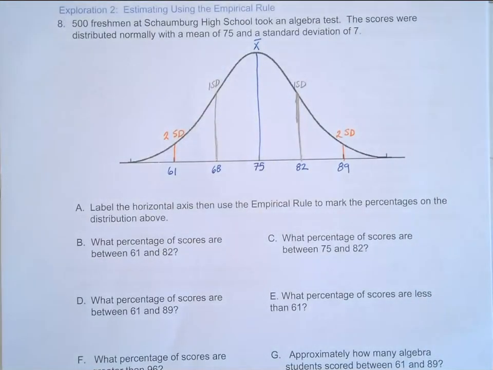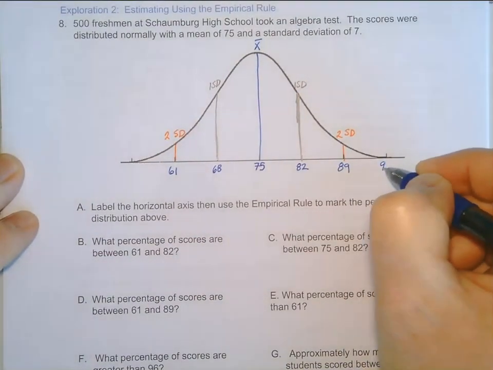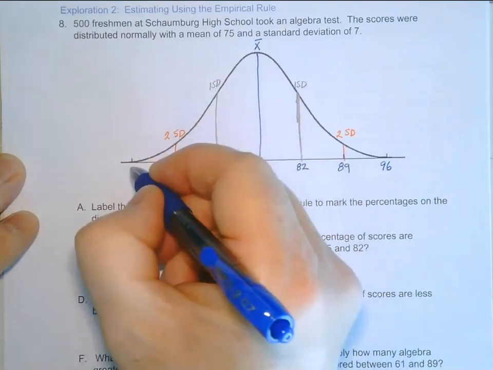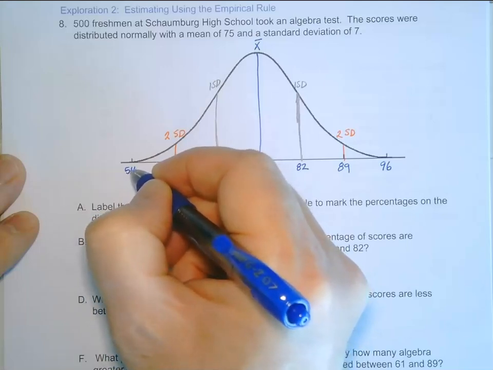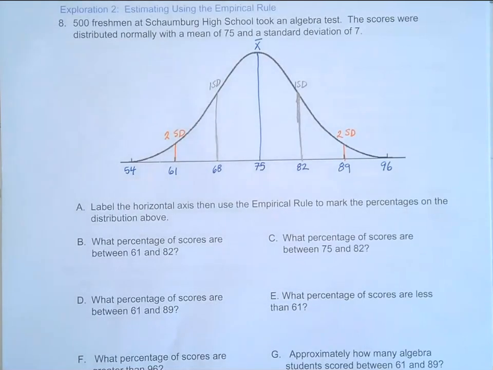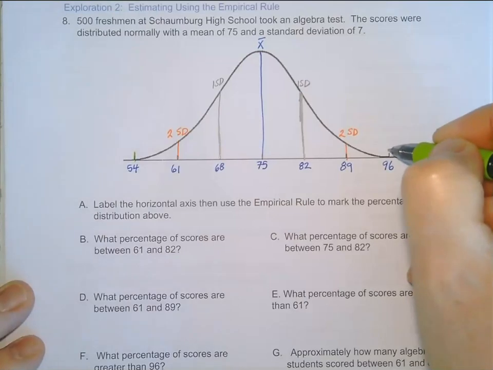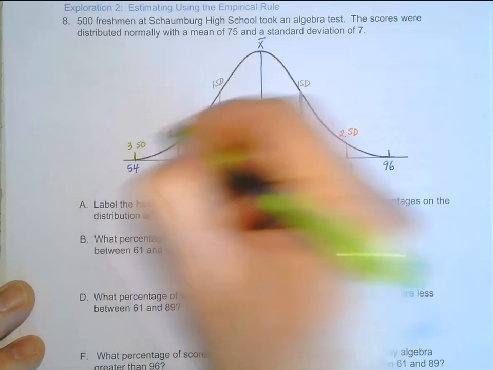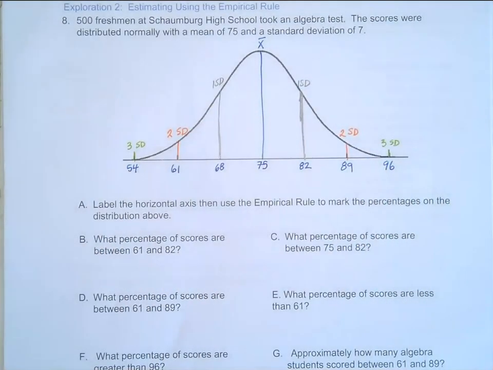Then let's go out the third: 89 plus 7 should be 96, and 61 minus 7 should be 54. There's my third standard deviation.